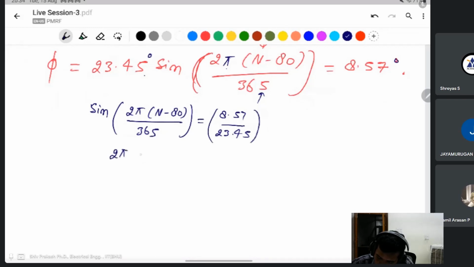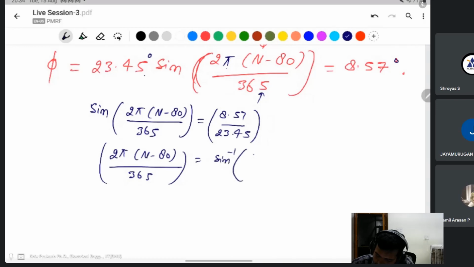And 2 pi into n minus 80 divided by 365 is equal to sine inverse of 8.57 divided by 23.45.